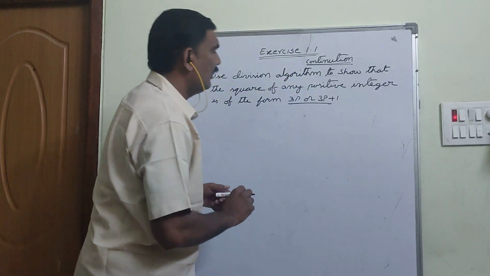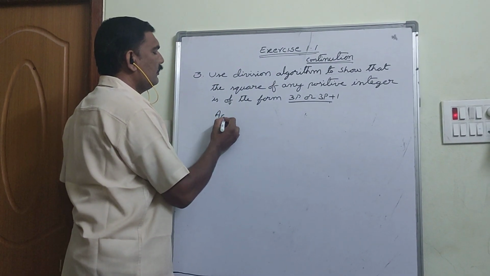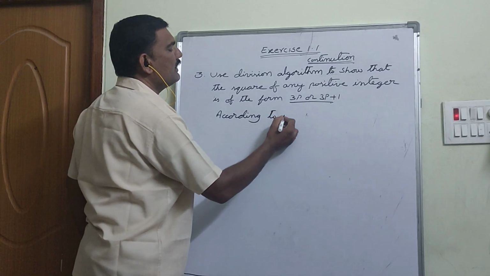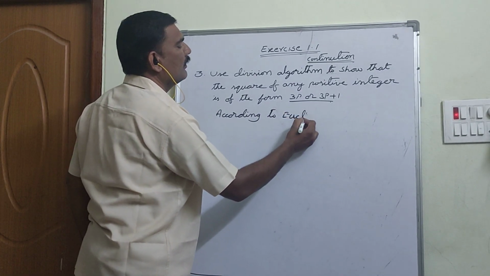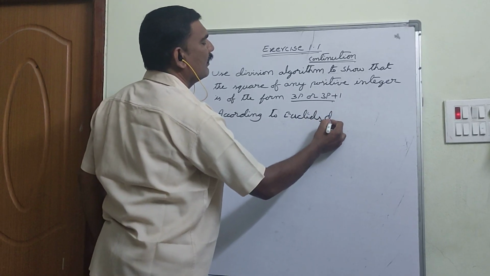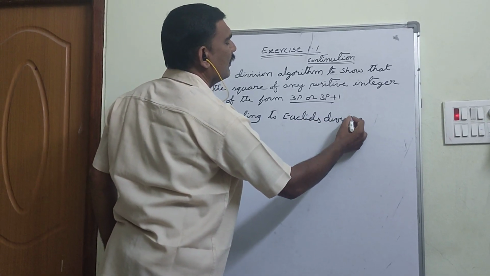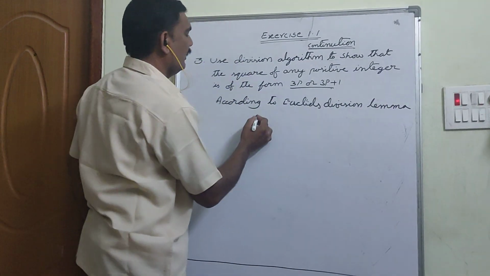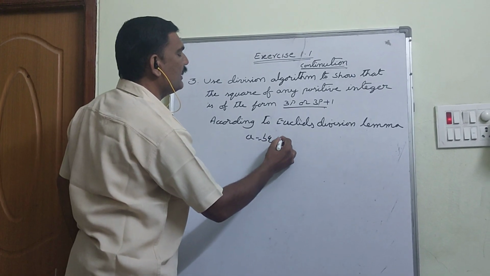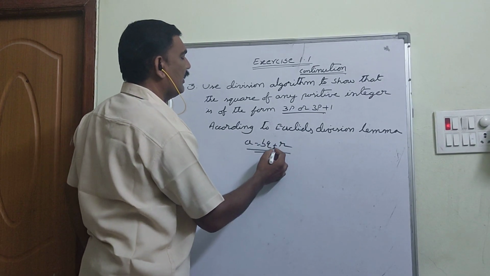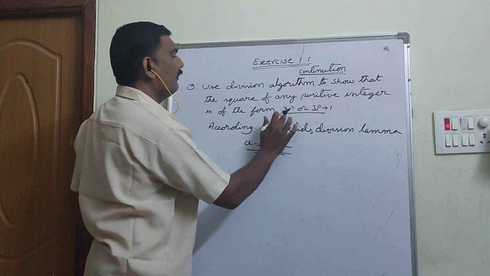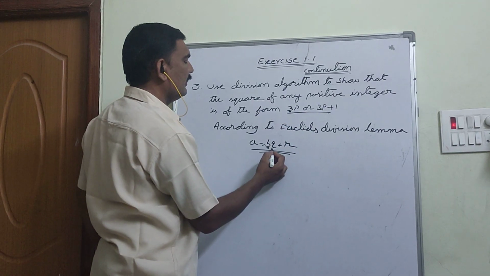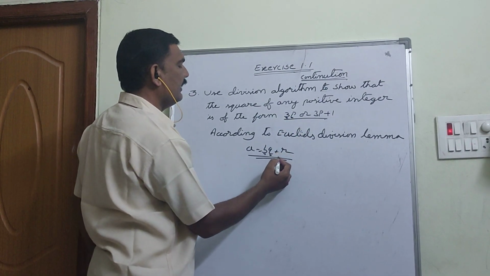Now, according to Euclid's division lemma, a is equal to bq plus r. If you compare this with this question, in place of b you are saying 3, in place of q, p is there here.